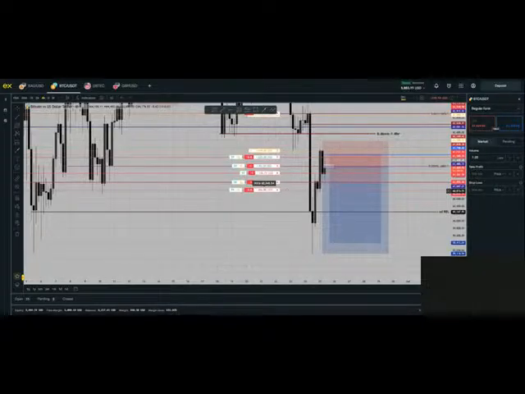Sometimes it gives you this and you think that, and later on it ends up showing you something else. So take the market as a magician.